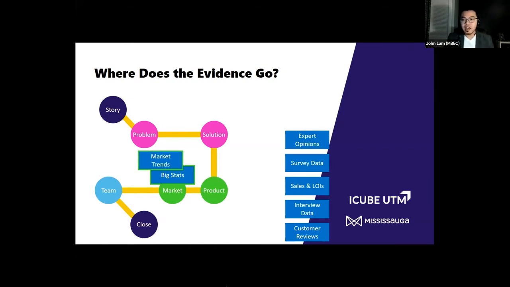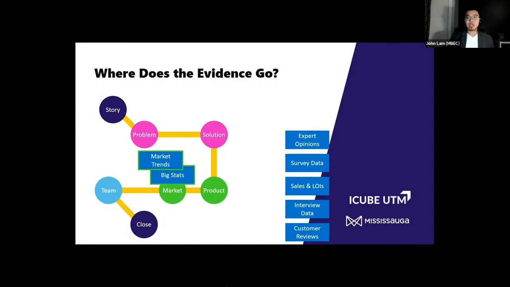Market trends. Where's this one going to go? Go in market, as the name suggests. Right. So this is where the big stats lead into the market trends. Currently, there's 50 million people who are experiencing this issue, or the market is $50 billion, and it's expected to grow, right, to $100 billion in 5 years.